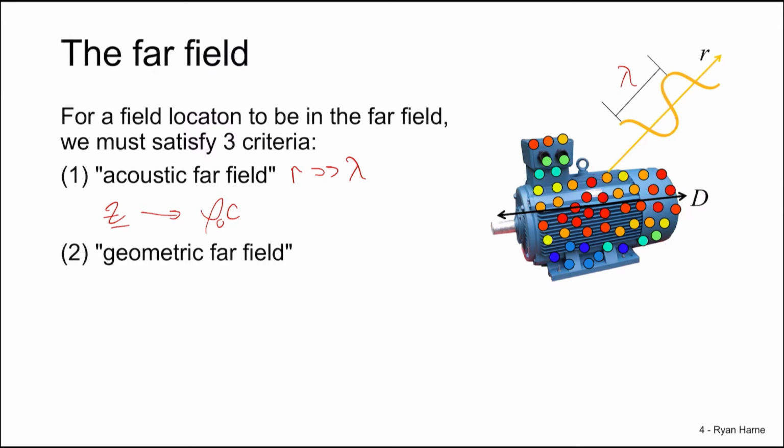The geometric far field must also be satisfied for us to be in the far field. In this case, r is much greater than d, the characteristic dimension of the source. Here, the beam pattern is constant when we're in the geometric far field.